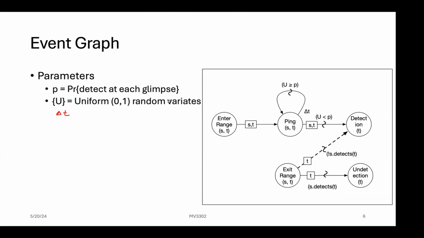We have a uniform 0-1 random variable, and every time we hit this, we generate a new uniform. If it's less than the probability, then we schedule a detection, and this would be the same as we've done before. This would actually be on the sensor, passing the target as an argument. But if we miss, then we simply schedule another ping, with a delay of delta T.